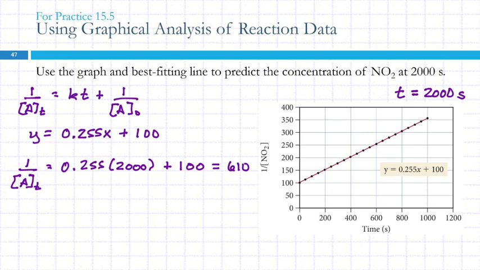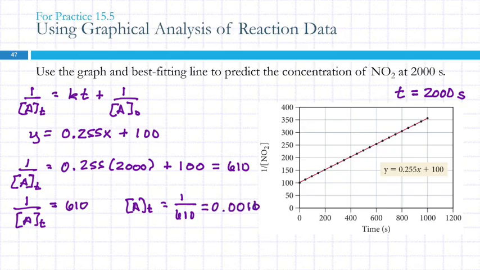Is that my answer? No, that's 1 over the answer, right? So 1 over [A]t is equal to 610, which means that [A]t is equal to 1 over 610, which is 0.0016393. It's a pretty ugly 6.